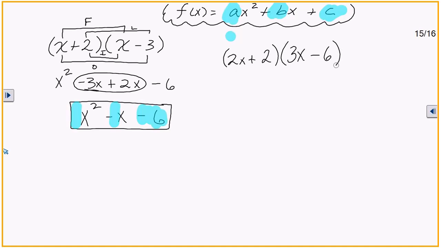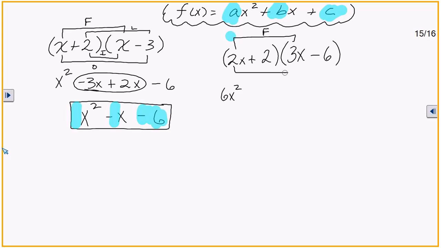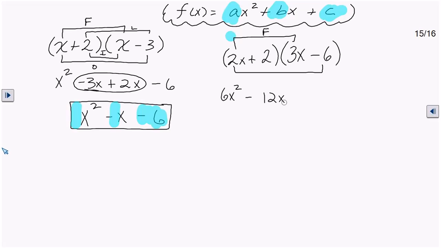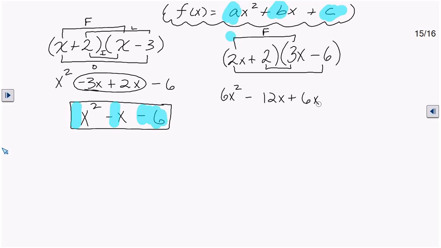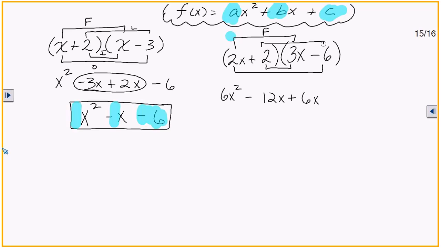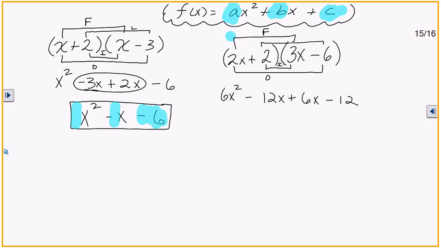First, 2x times 3x is 6x squared. Outside is negative 12x. Inside is positive 6x. And last is negative 12. And usually, let's go ahead and write that outside, inside, and last.